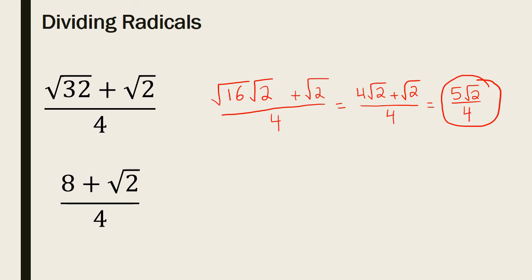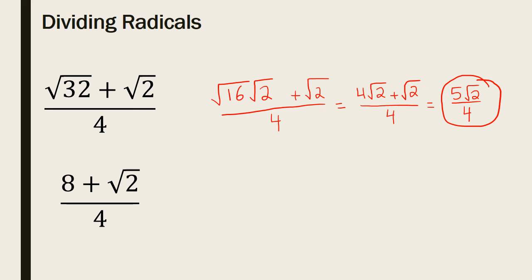Now, let's take a look at a different question where we have 8 plus radical 2 divided by 4. I'm looking at the expression at the top of the fraction, 8 plus radical 2, and these two are not like terms and cannot be combined together.